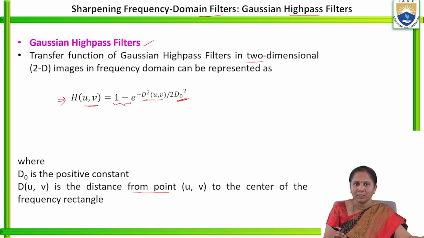That is, h of u comma v of high pass is equal to 1 minus h of u comma v of low pass.